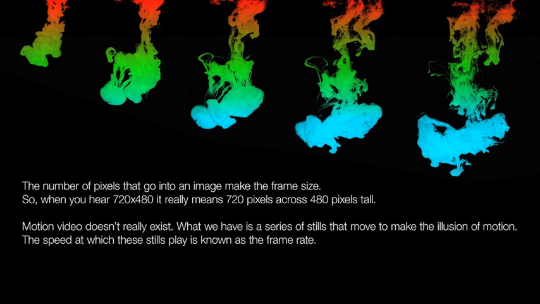Moving video per se does not exist. We have the technology to play stills at a certain speed so that the brain can connect them, so we have the illusion of movement, but in truth, we are just playing stills. The speed at which these stills change is known as frame rate. In NTSC, which is the video that we use in the United States, the frame rate is of 29.97 frames per second. 2 other video standards used throughout the world are PAL and SECAM, both of which have a frame rate of 25 frames per second.